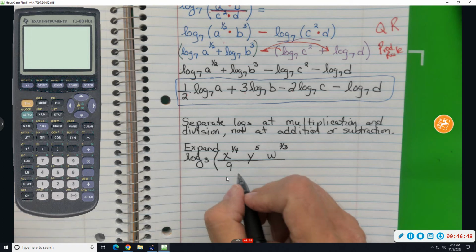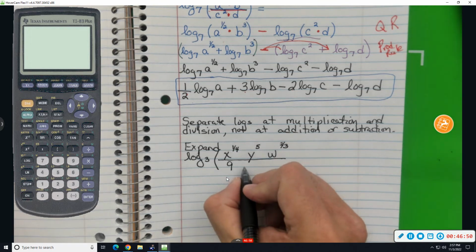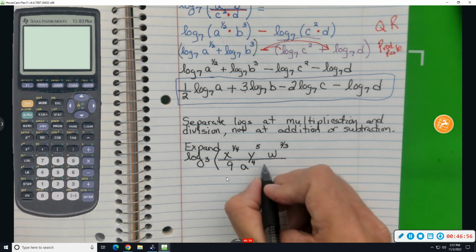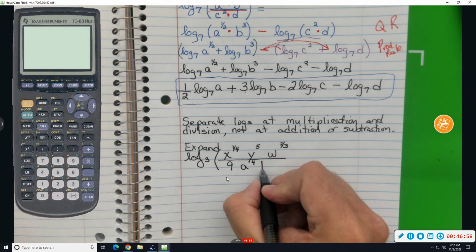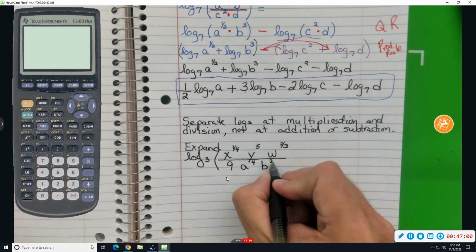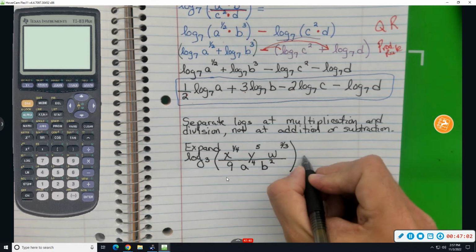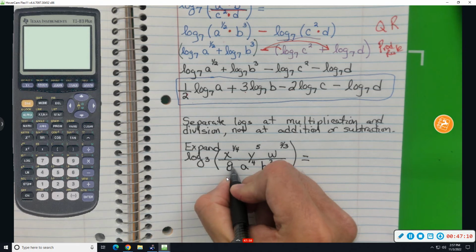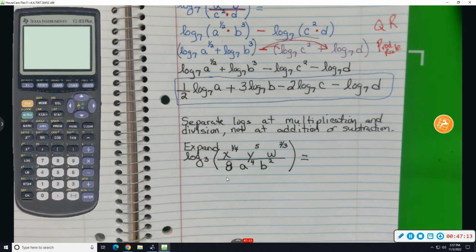Oh, not yet. A to the 4th and b squared. And change that 9 to an 8. I think it'll be a better example if that's an 8 there. Okay.